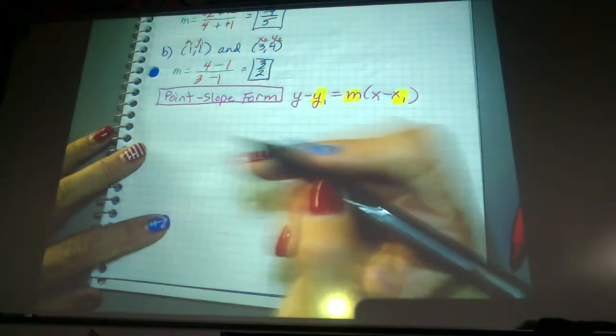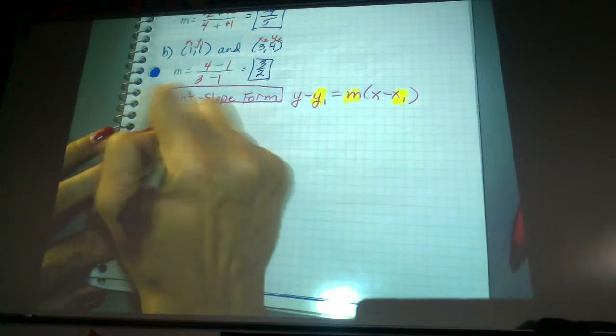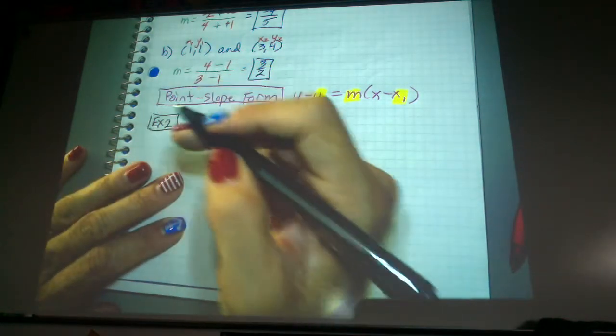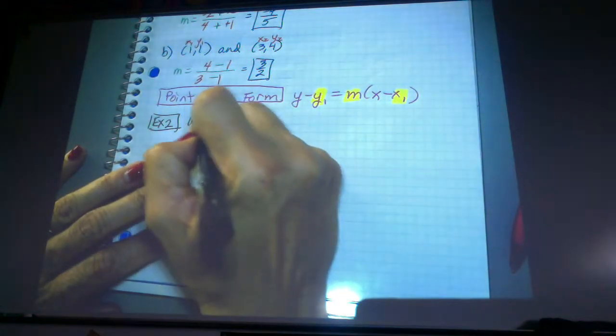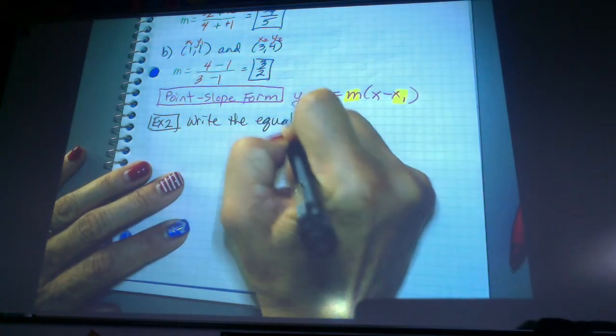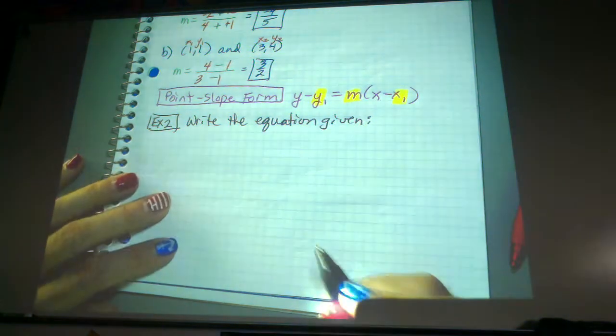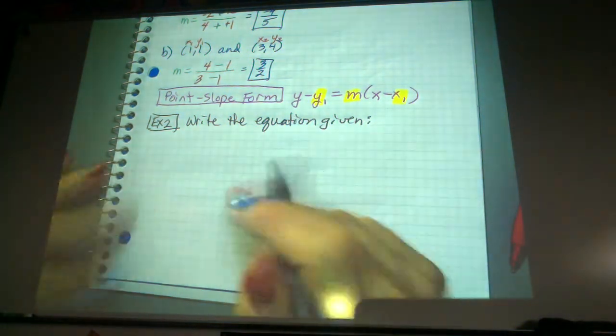So for example 2, you are to write the equation given the following.